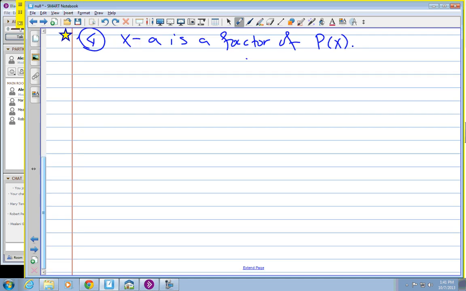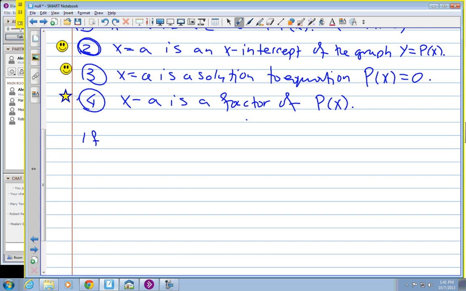Don't write this down, but I can prove, let's say, if x minus a is a factor, then x equals a is a zero. That's easy to prove. Because if x minus a is a factor of my polynomial, then I can write p of x as x minus a times whatever.